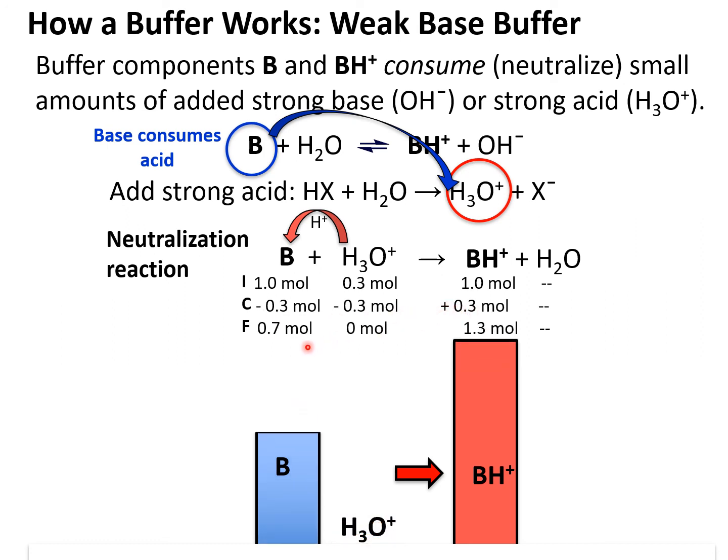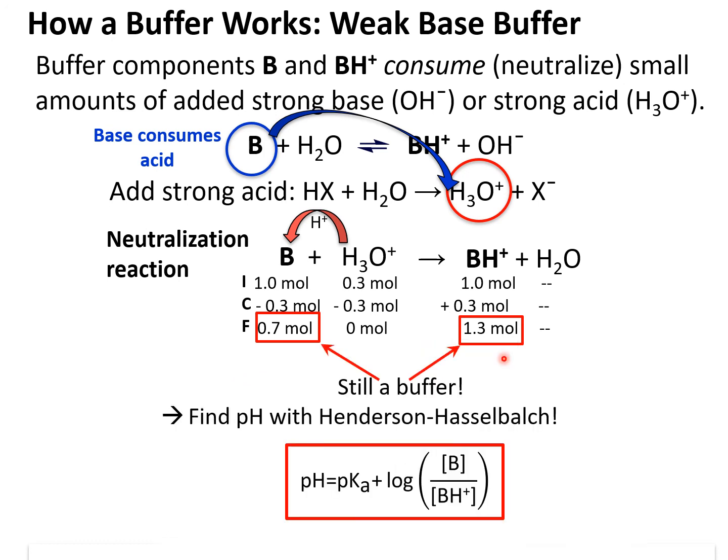Adding the columns, we see that the number of moles of weak base will decrease to 0.7 from 1, and the number of moles of its conjugate acid will increase from 1 to 1.3. However, once again, we still have appreciable quantities of the weak base and its conjugate acid, and therefore we still have a buffer system. And once again, we can solve for the pH from the Henderson-Hasselbalch equation, as shown here.